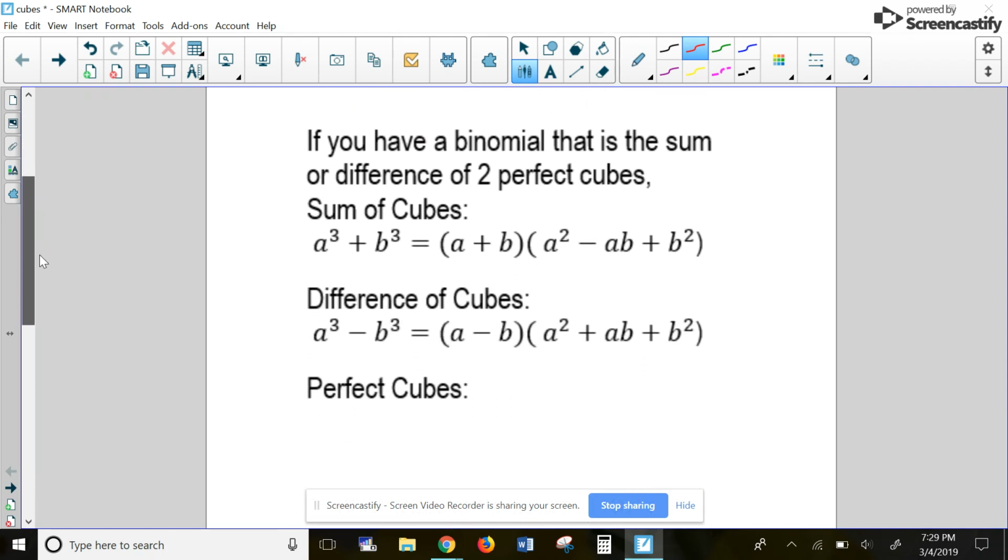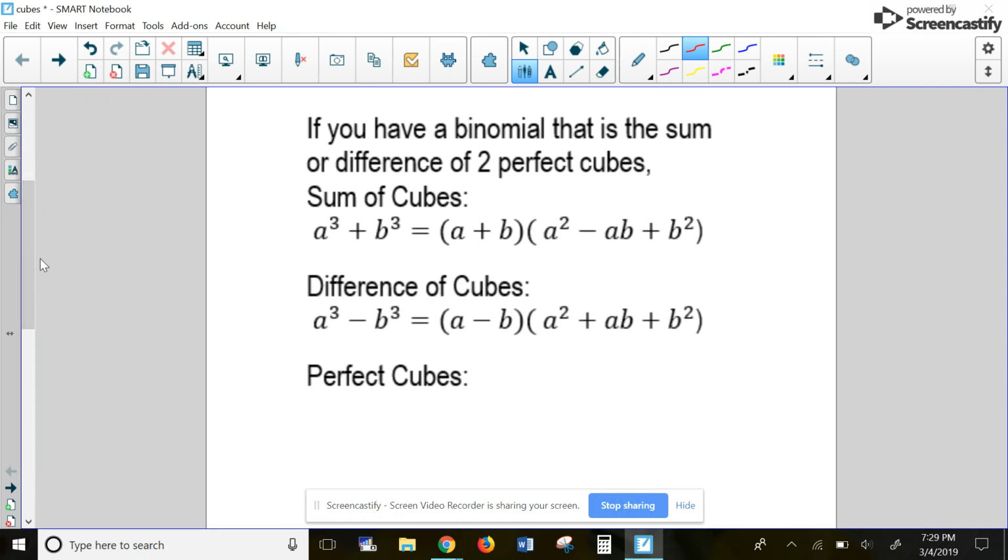So when we get down to the bottom of the very left column, it says if you have a binomial that is the sum or difference, so it could be adding or subtracting, of two perfect cubes. So yesterday we did perfect squares. Today we're going to do cubes. So what is a perfect cube?